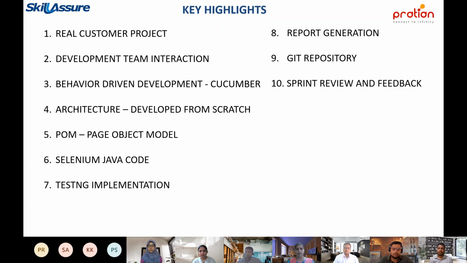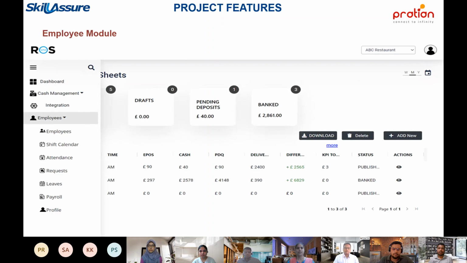In the next slide. Here, in our project modules, every person selected a different feature for automating. Specifically, I selected the employee module. The main objective of this module is to add all the employee basic details and their personal details, such as their bank details and their documents like ID proofs and mark cards.